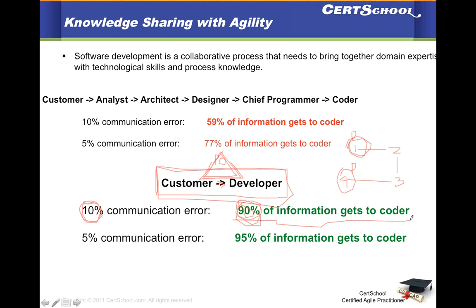Maybe sometime soon. Every time as a programmer I have a question about a functionality, I can go to the product owner. It's not always necessary that the product owner will have the answer right away.